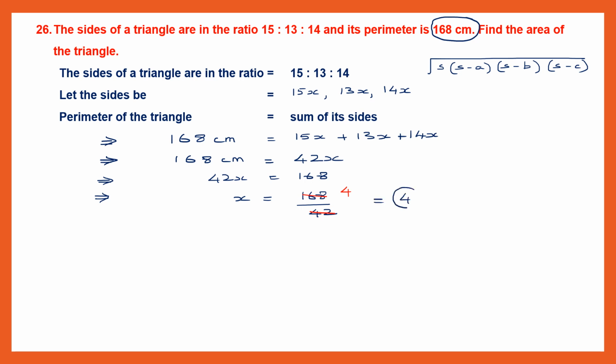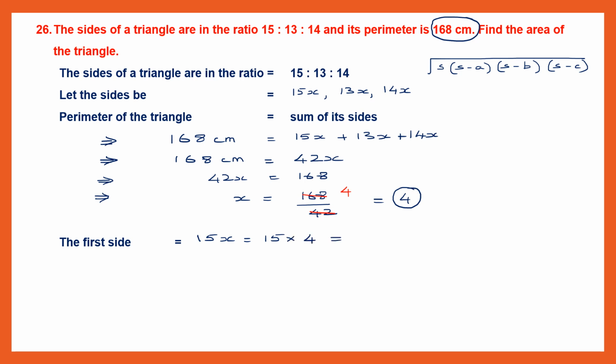So now that we have found x, we can find the sides because we need the measurement of the sides to find the semi-perimeter. So now let's begin by saying the first side here, as we have taken it as 15x, is 15 into x, and x we just found out to be 4.